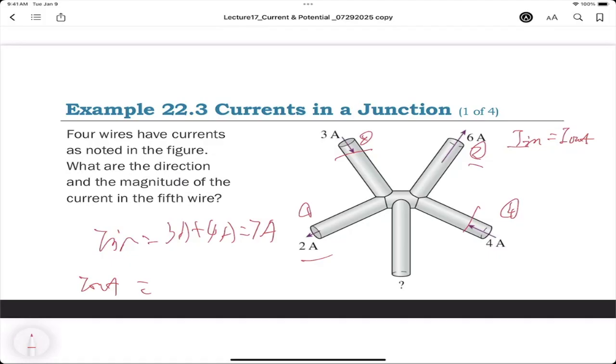This one and this one, 2A plus 6A equals 8A. We want the in to equal the out, so there should be another in equal to 1A. That makes sense to you? Yeah. So the fifth is in this direction and the magnitude is 1A.